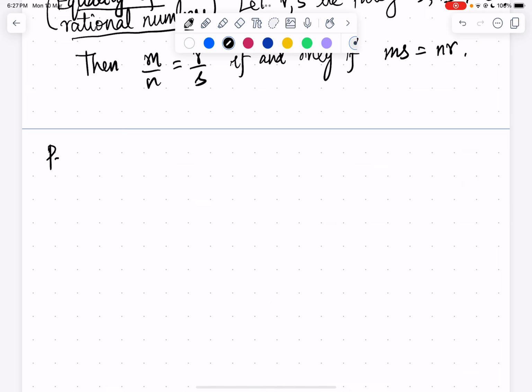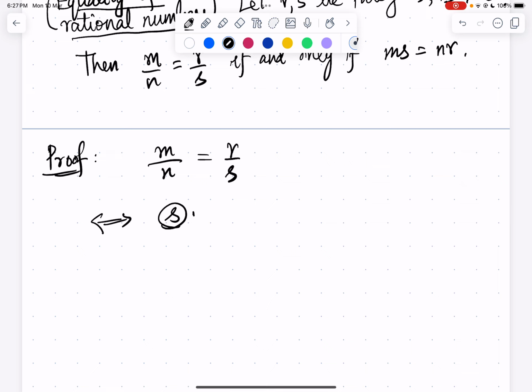So let's see why this is the case. Proof: it uses the cancellation law. m by n equals r by s. This is the same as saying sm by sn is the same as nr by ns.